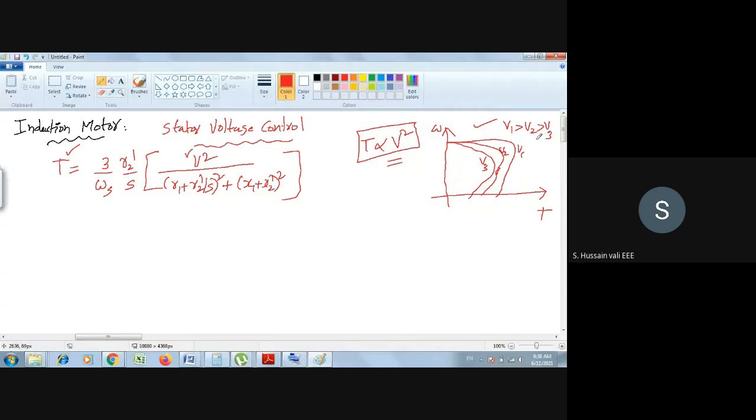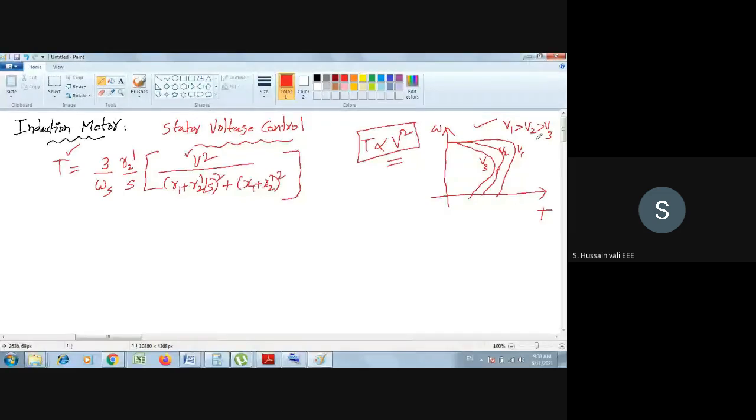But here one important question comes. What is that question? How do you vary the stator voltage here?